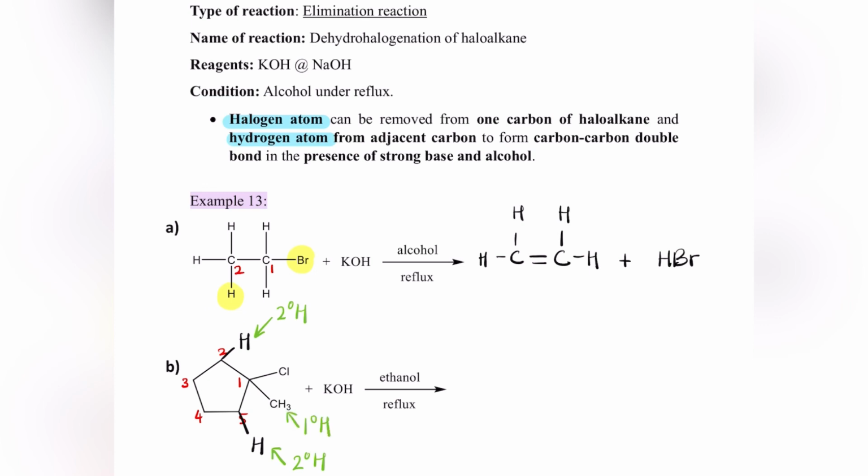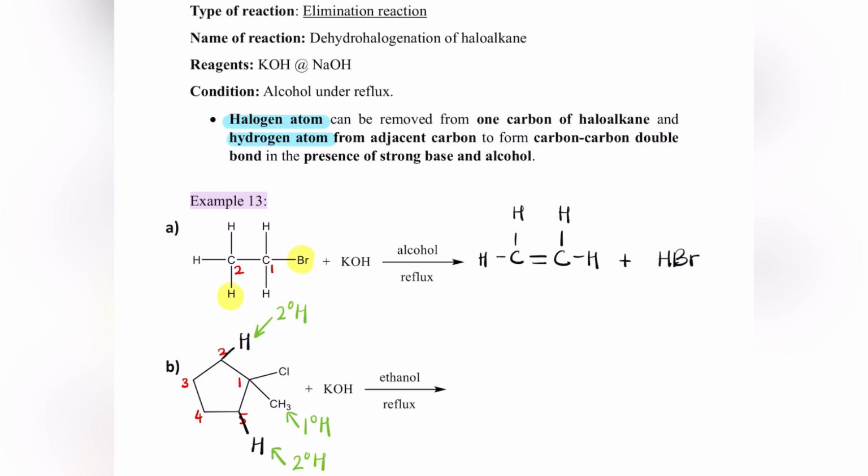So we have a different class of hydrogen. So kita ada dua pilihan sekarang, sama ada awak ambil hydrogen daripada methyl group here ataupun salah satu daripada carbon nombor 2 ataupun carbon nombor 5. Both are the same. So kita akan ada dua pilihan products.